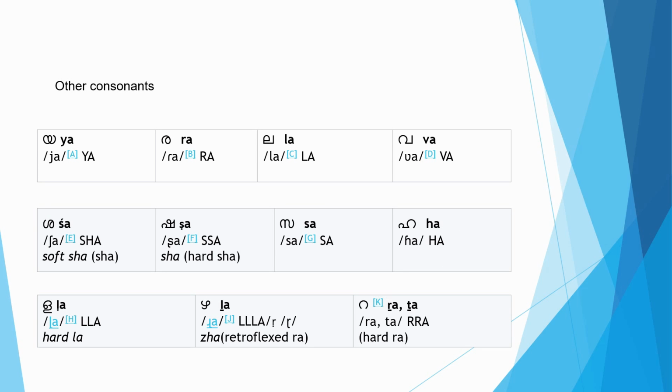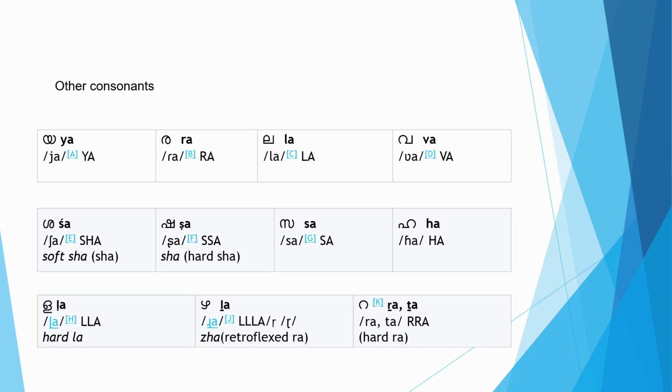The other consonants are ya, ra, la, va, sha, sha, sa, ha, la, ra, ra.